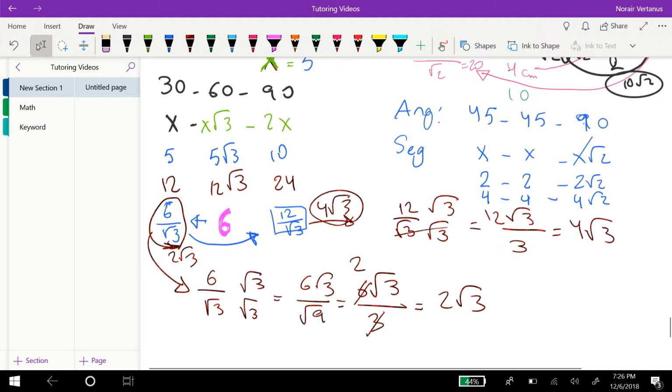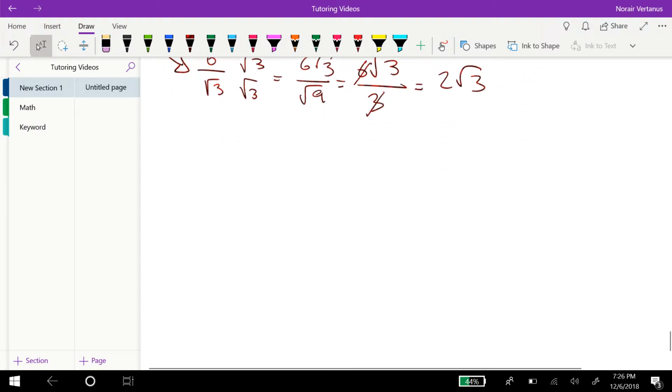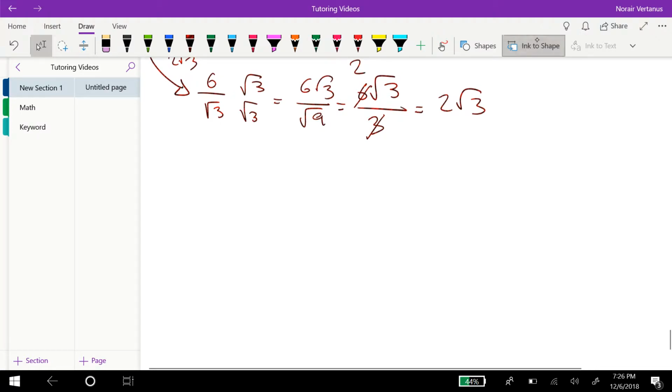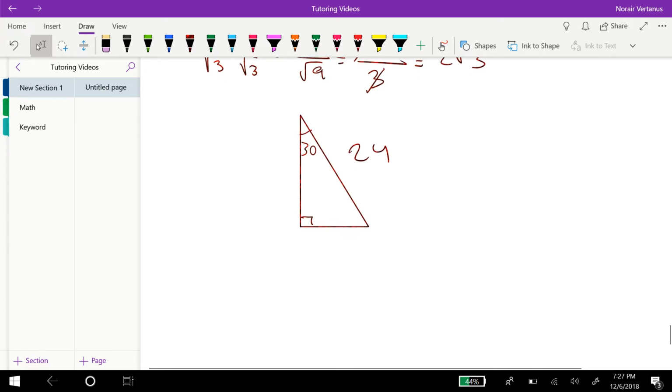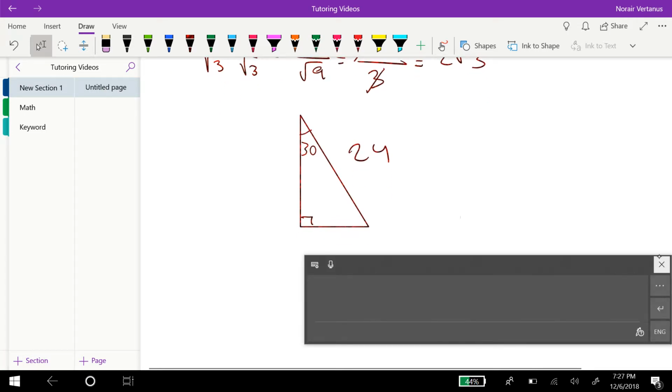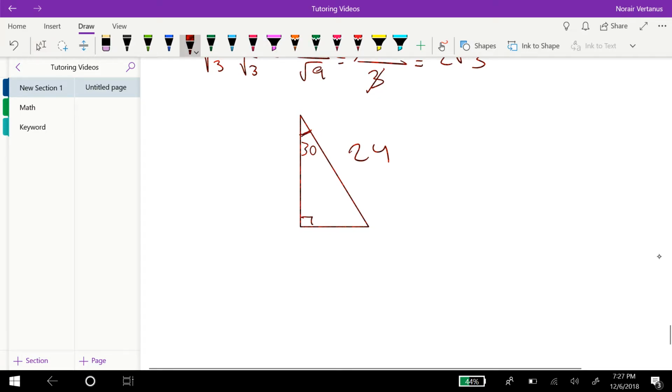So one more example. Now, if they give you, again, let me draw this triangle here and finish this. If they give you this 30, 60, 90, that's 30. And then if they give you the hypotenuse, and we know that's 90 degrees, and let's say this is 24. The opposite of 30 is the shortest one, so we're going to compare it always with this one.